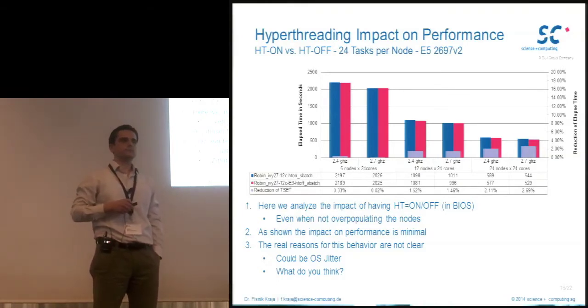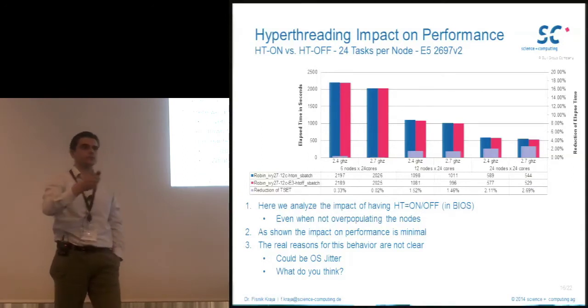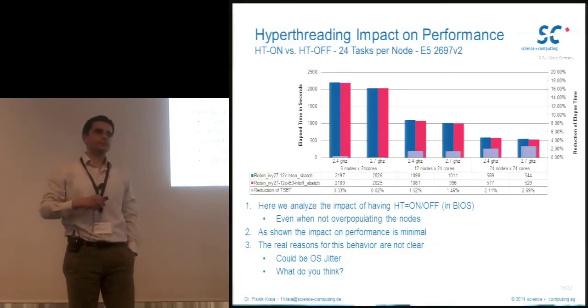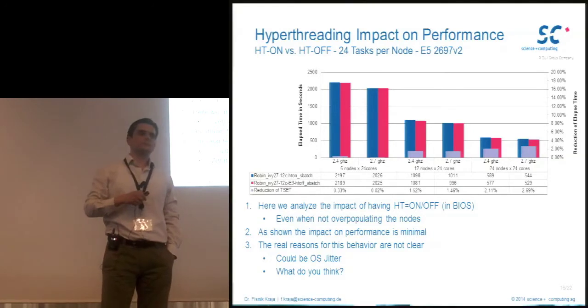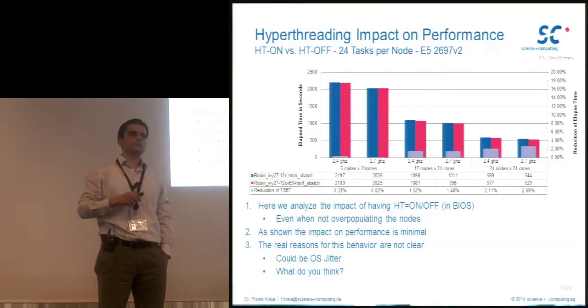Yeah, I said that probably it's the OS jitter, so it's an impact from lots of nodes, all jittering a little bit for several nano microseconds, thus delaying very large jobs. This jitter is nothing you should consider.